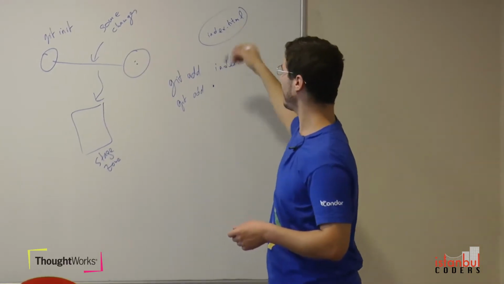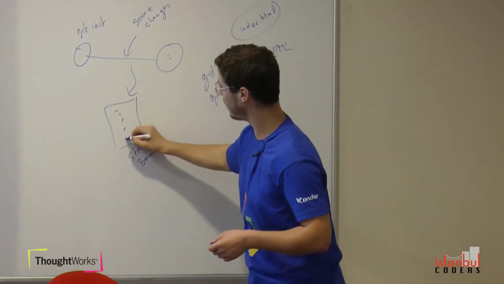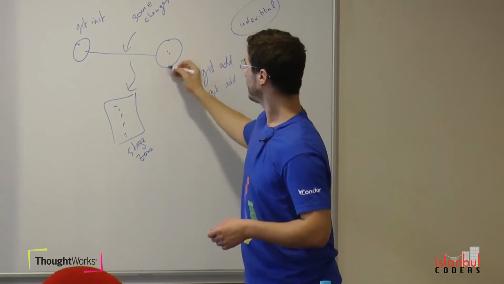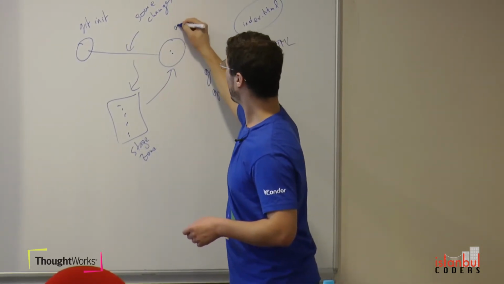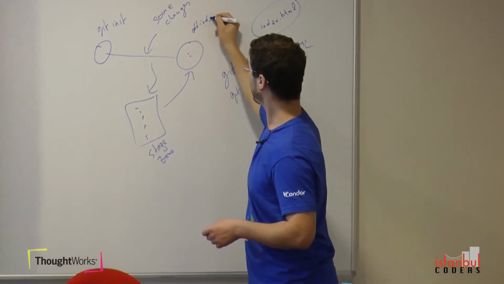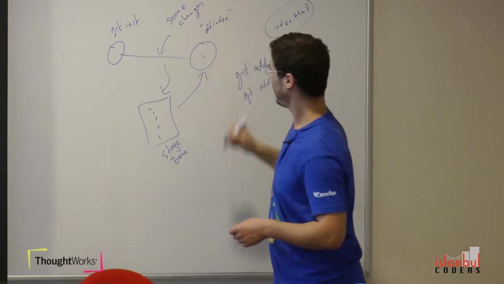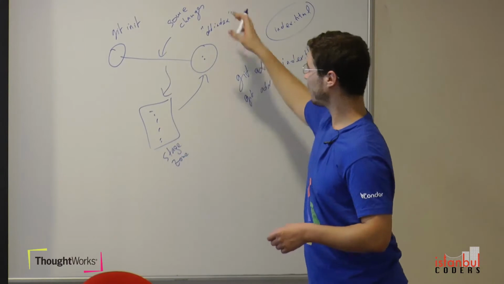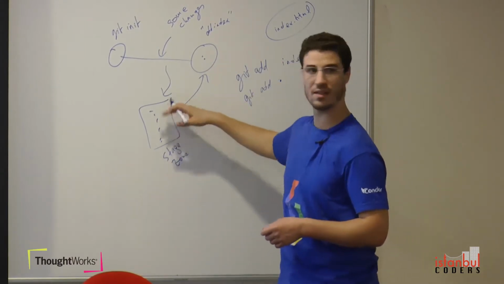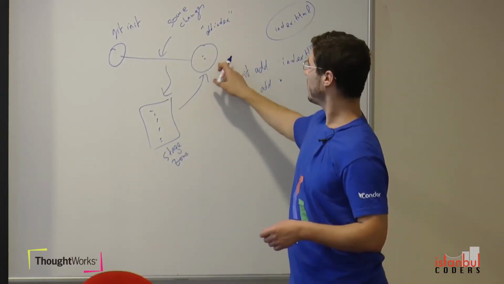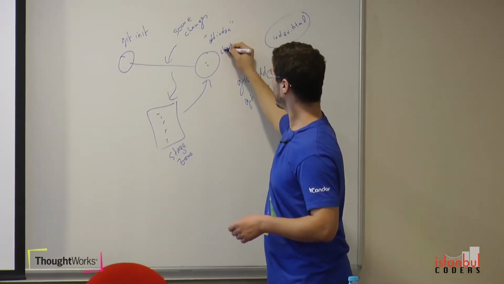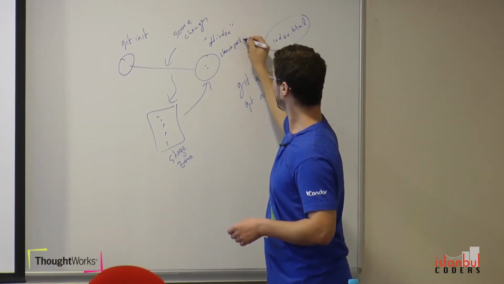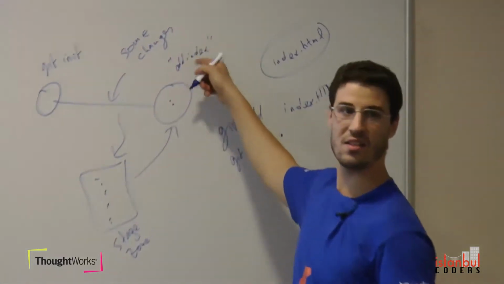Okay, after you add these files to this staging area, you can now save a checkpoint. Let's call it, for example, add index. Once you add all your changed files to the staging area, you can now save to this checkpoint, with a message.